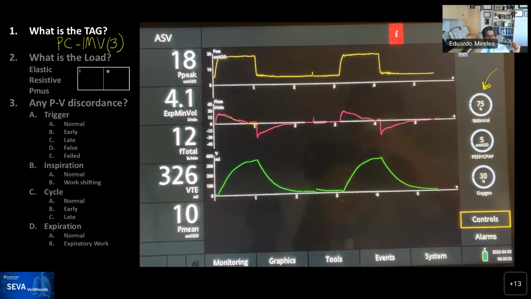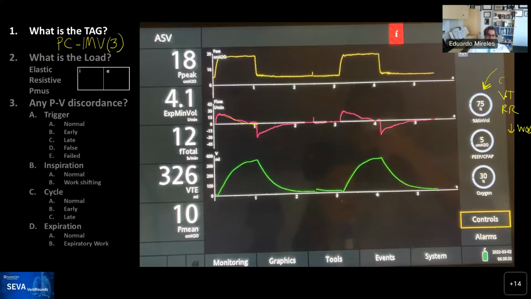And then the machine, based on the gender and the height of the patient, will calculate using the equations of Otis and Mead, and they will come out with the tidal volume and the respiratory rate that would be the optimal to minimize the work of breathing on this patient.